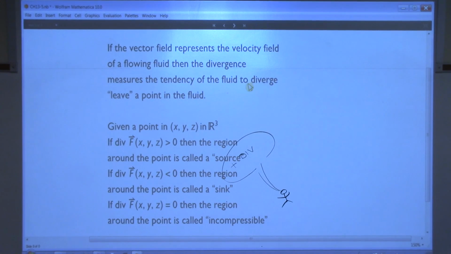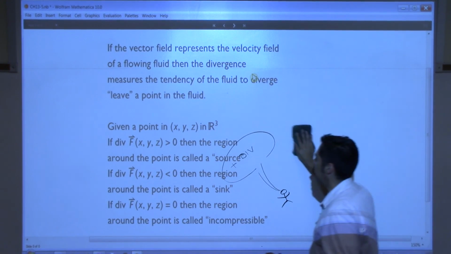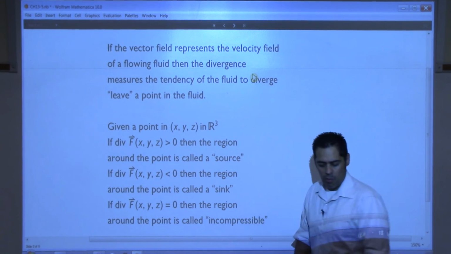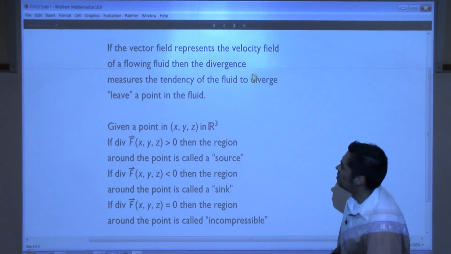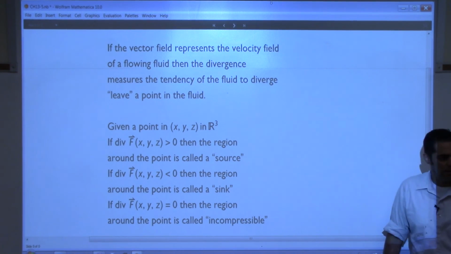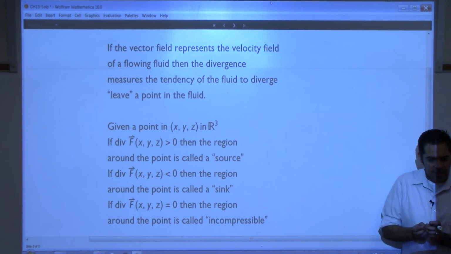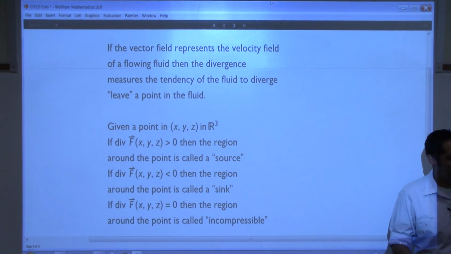So in terms of curl, it gave us the tendency of our fluid to want to twist, right? To turn, to curl. The div measures the tendency of the fluid to diverge or leave a point. It's kind of difficult to explain. I know some of you have heard of divergence before.